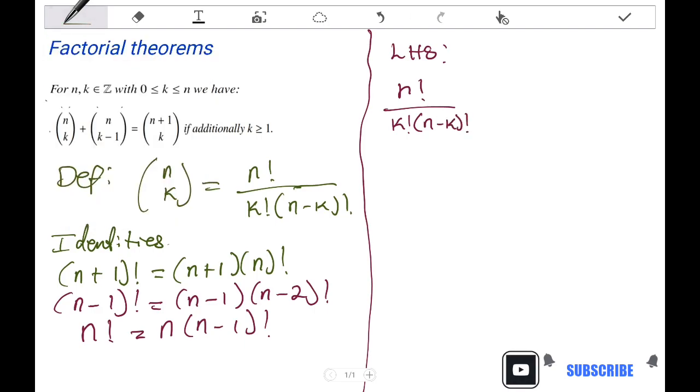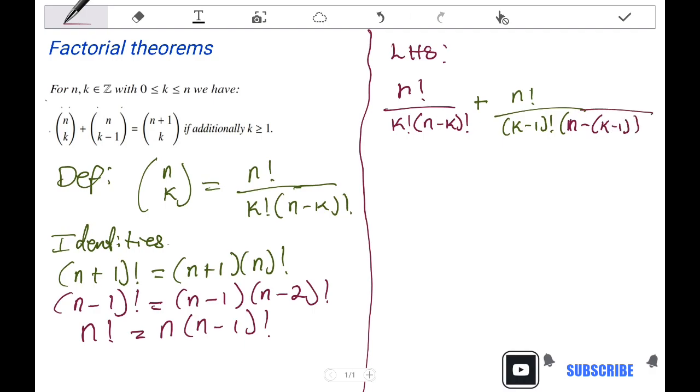The second one is n choose k minus 1, so we say plus n factorial divided by (k minus 1) factorial multiplied by (n minus (k minus 1)) factorial, where I take k minus 1 as my k here.